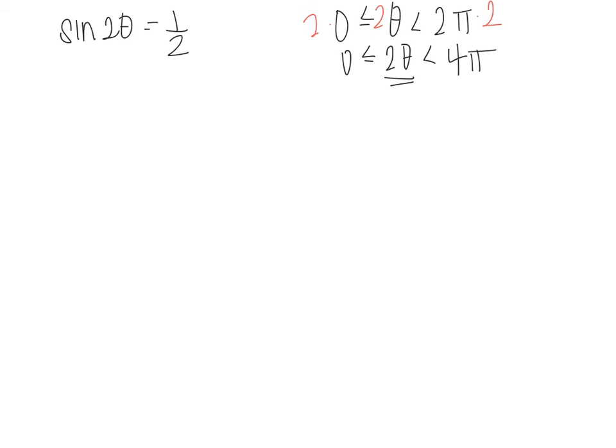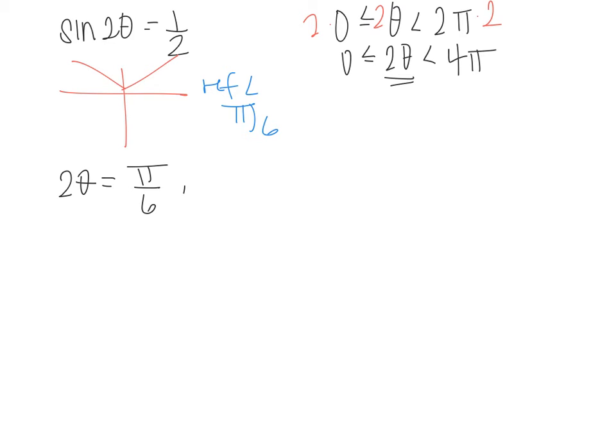So again, I know that my 2 theta angles will live in the first and second quadrant. We already know our reference angle is pi over 6. So our 2 theta options are going to be pi over 6 in the first quadrant and 5 pi over 6 in the second quadrant. But I'm allowed to take those 2 thetas all the way out to 4 pi.